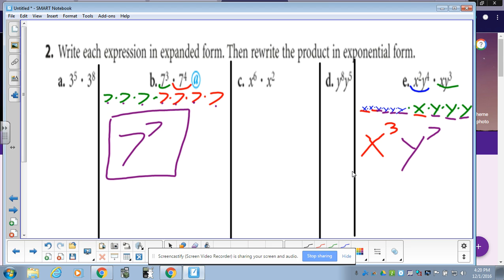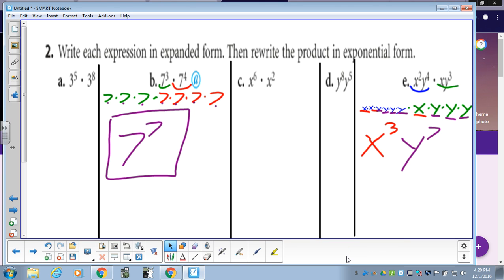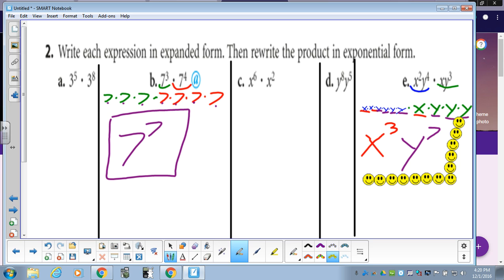Y to the 7th. Now that is our solution. X to the third, y to the 7th power. Pause there for a moment so you could let that marinate and sink in, just like a healthy meal.